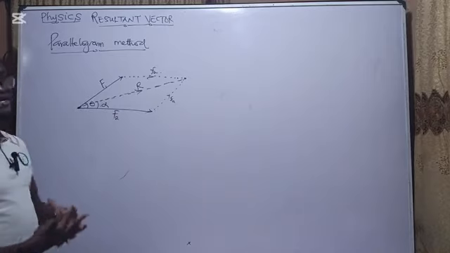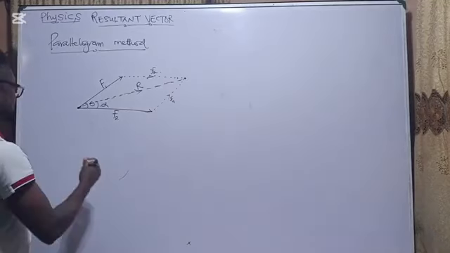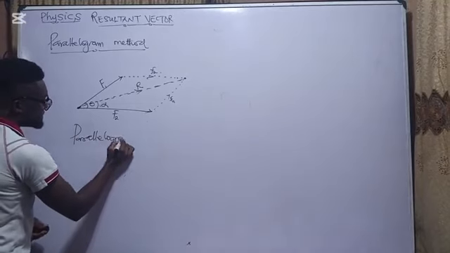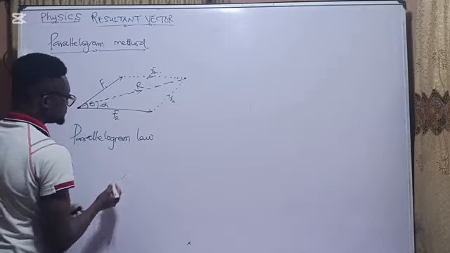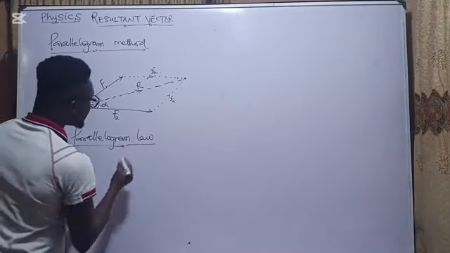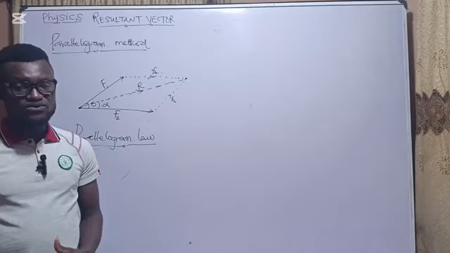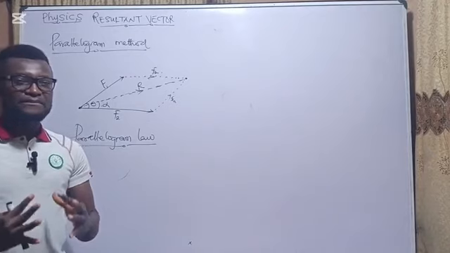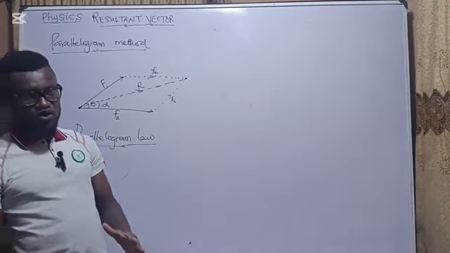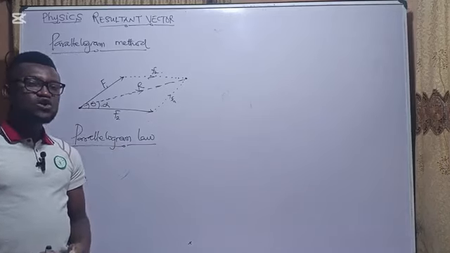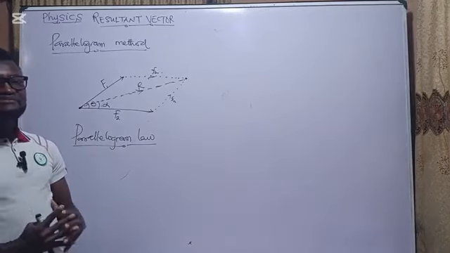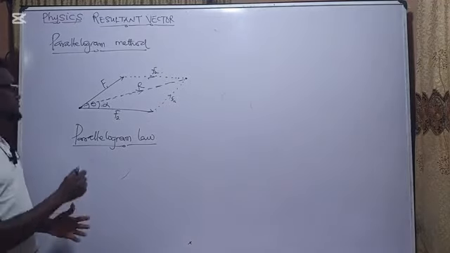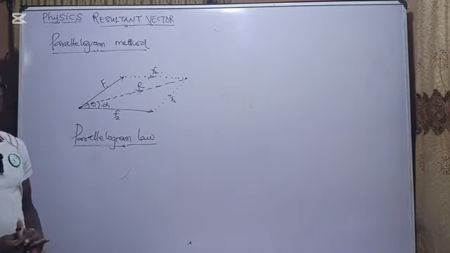So, what does the parallelogram law state? Now, the parallelogram law states that when two vectors acting at a point are represented by adjacent sides of a parallelogram, the resultant is represented by a diagonal line drawn from the point of action of the two vectors.